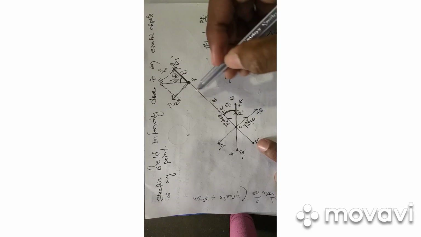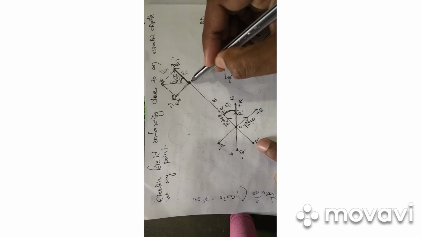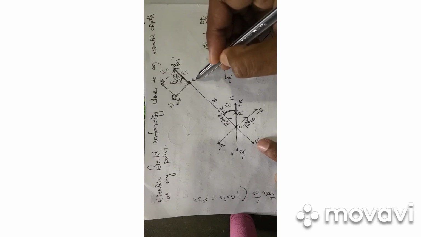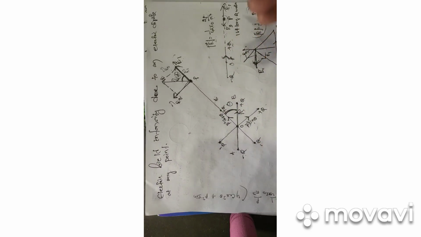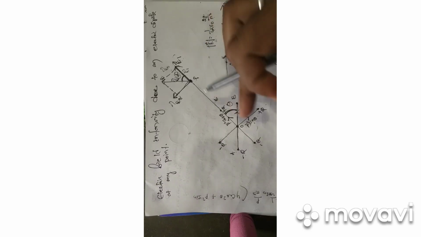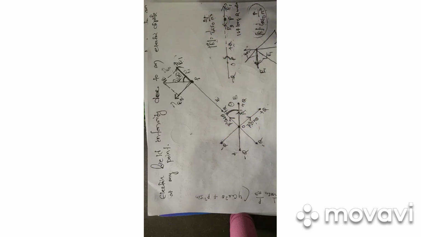So the electric field intensity at point P, which is situated on the equatorial line of that dipole, has magnitude E equal to 1 by 4 pi epsilon 0 times p by r cubed, but in the vertical direction p is represented as p sin theta. So it is 1 by 4 pi epsilon 0 times p sin theta by r cubed. Clear?